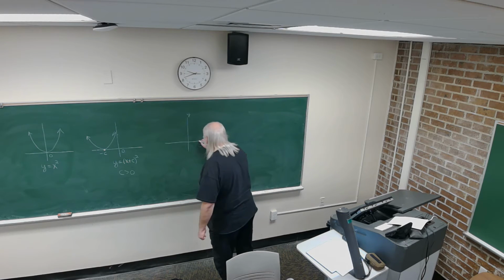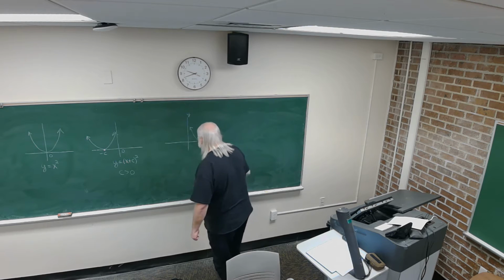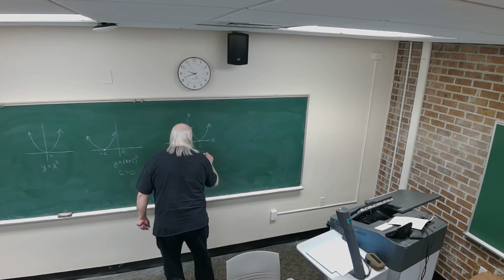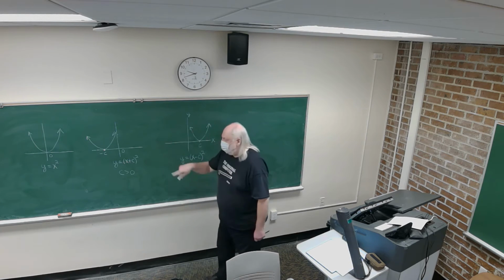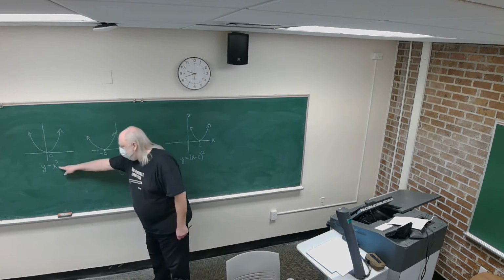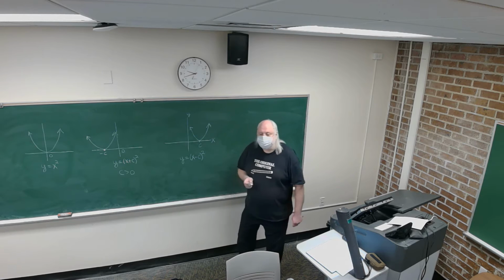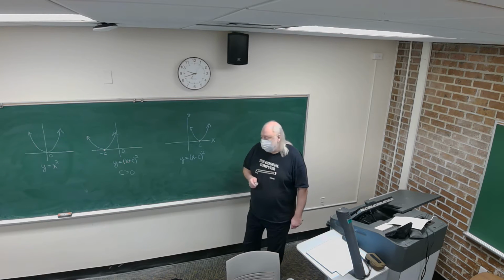And so the parabola gets shifted to the right c units when we replace x with x minus c. It shifts the graph to the right that many units. That's what we mean by transformations.